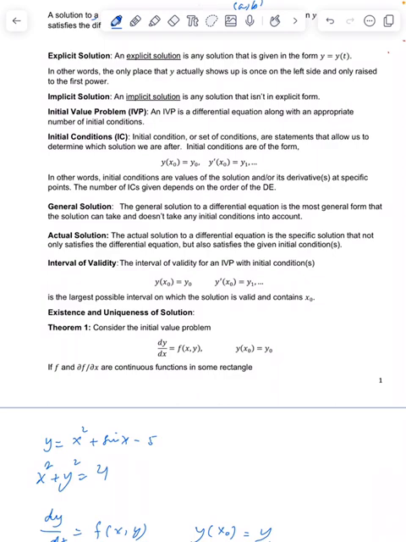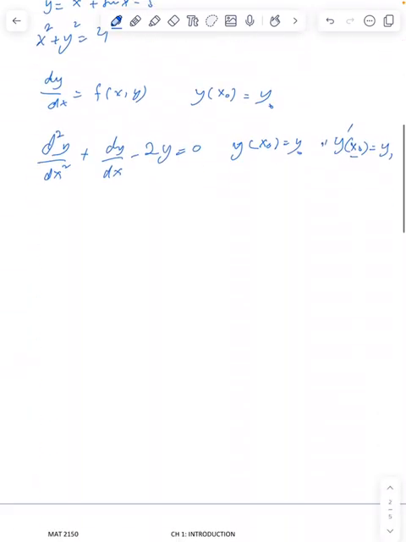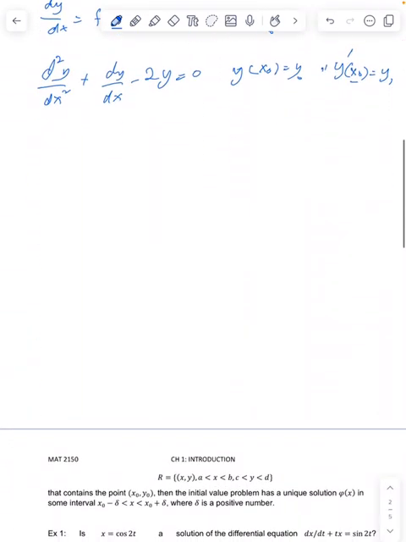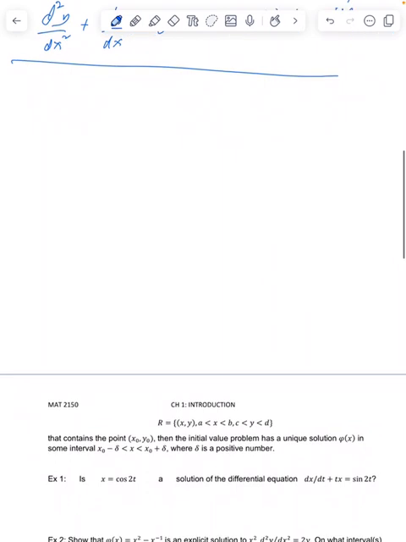Okay, so now what do these initial conditions actually do? What they do is that they let us find the exact solution. If you recall, in Calc 1, you must have learned about anti-differentiating.